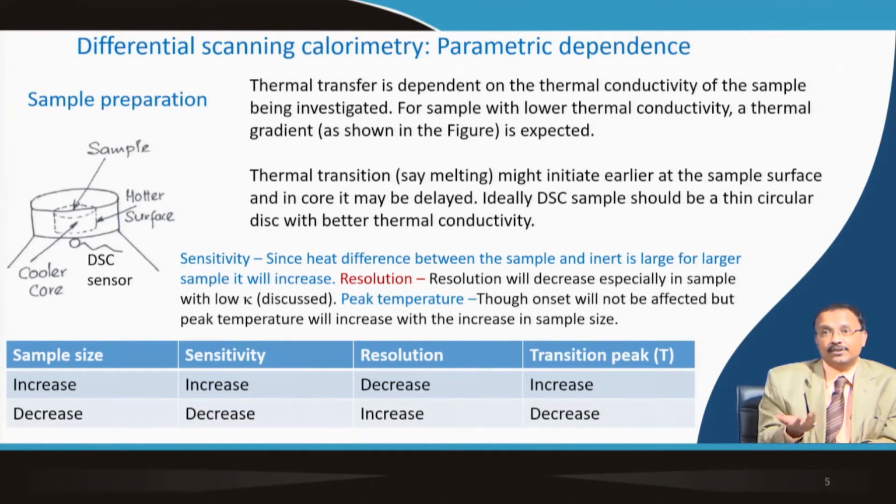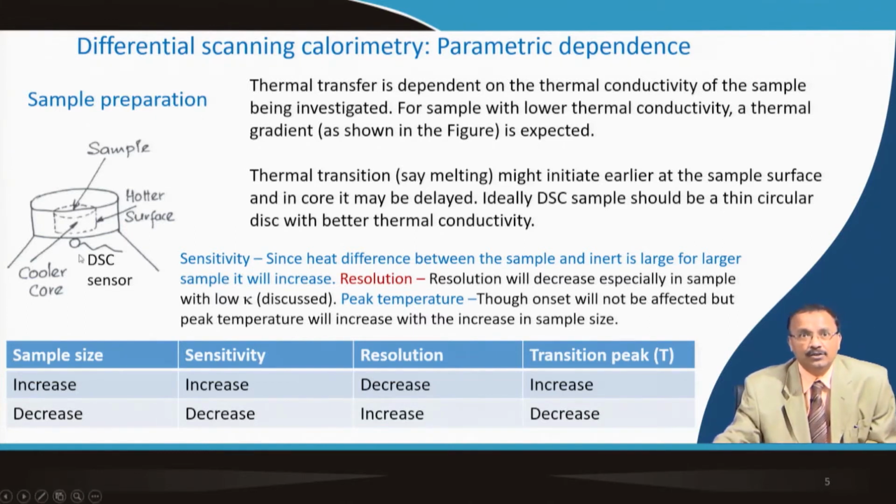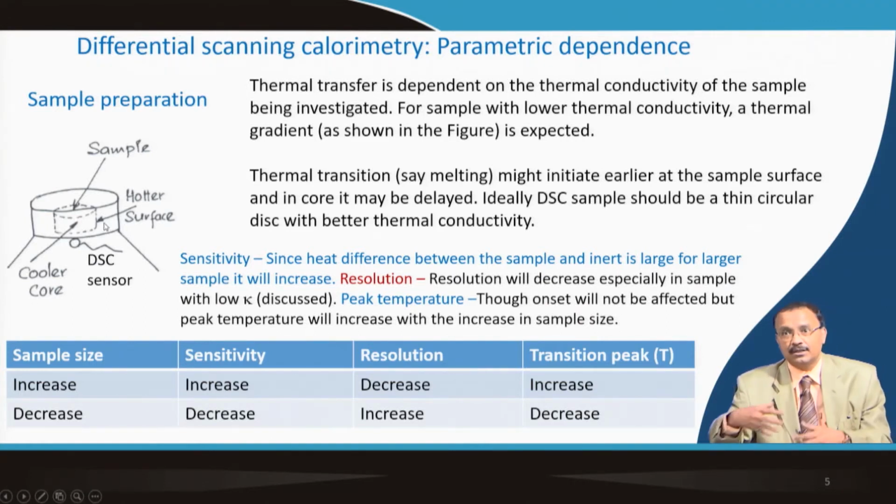If the sample size increases, the sensitivity will increase, but at the same time the resolution will decrease, particularly if the sample has lower thermal conductivity, because the core will not get melted as compared to the surface in a large sample.